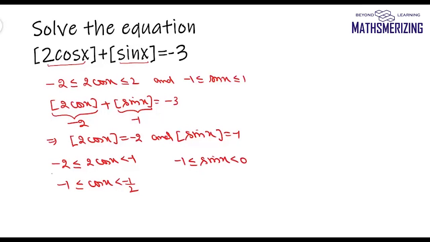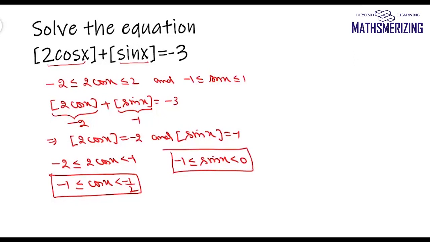Now I'll need to find the simultaneous solution of these. So when the value of cos x lies between -1 and -half, and when the value of sin x lies between -1 and 0, I'll draw both the graphs. So I'll draw the graph of cos x. Now because both the functions are periodic with period 2 pi, I'll take a 2 pi interval and then draw both the graphs.